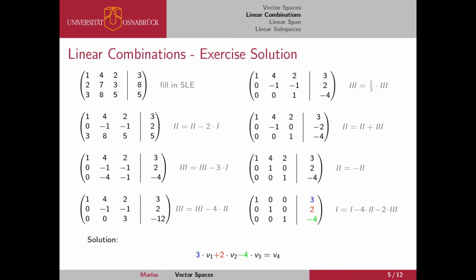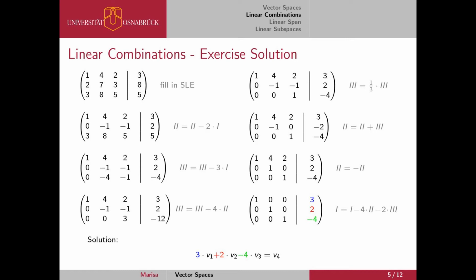I won't go through all the steps in detail, but here you can see all the steps with short descriptions about what happened in gray. It starts on the top left, then downwards, then top right, and then downwards again, if this is not clear. And if you want to go through the steps in detail, you can pause the video now. And finally, after some calculations, you will come to the following solution.